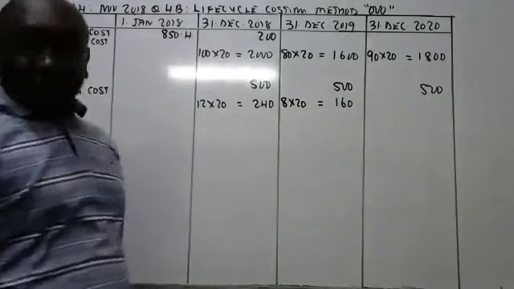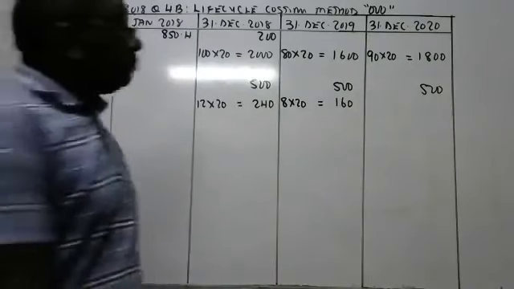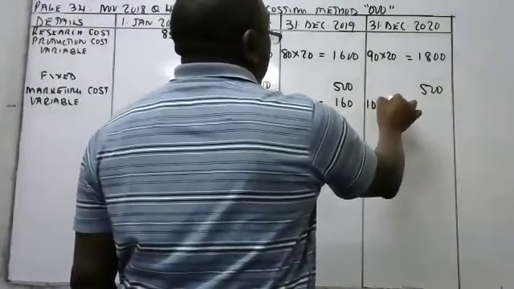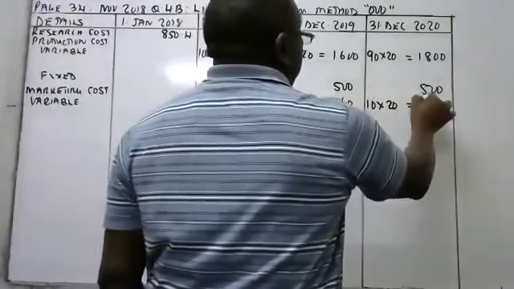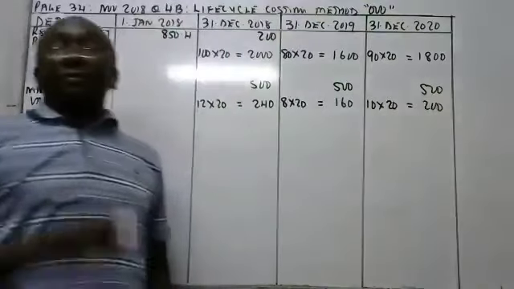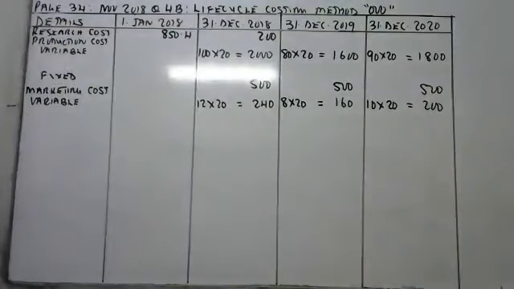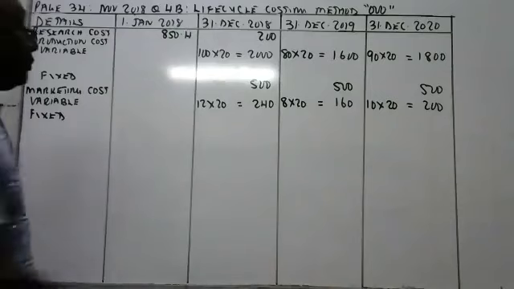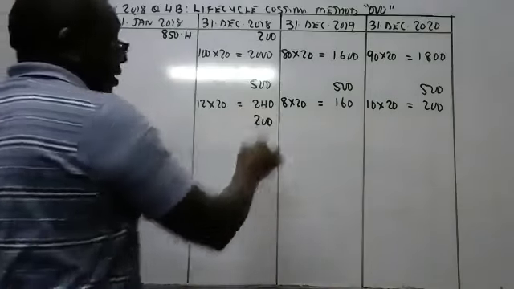The next one is 10, so 10 times 20 is 200. The next one is fixed. Fixed in the first year is 200.